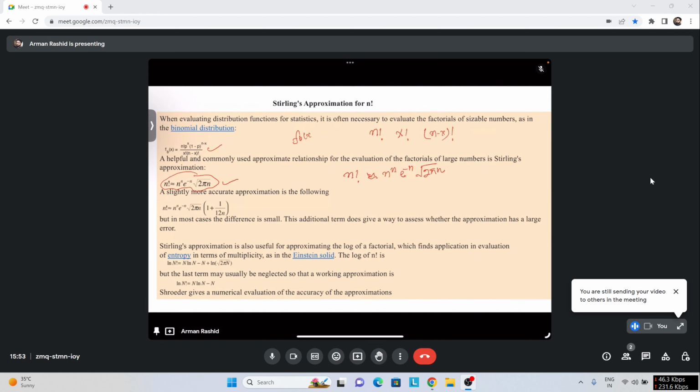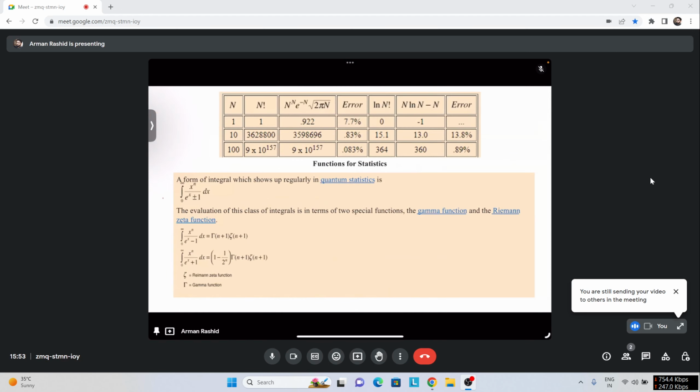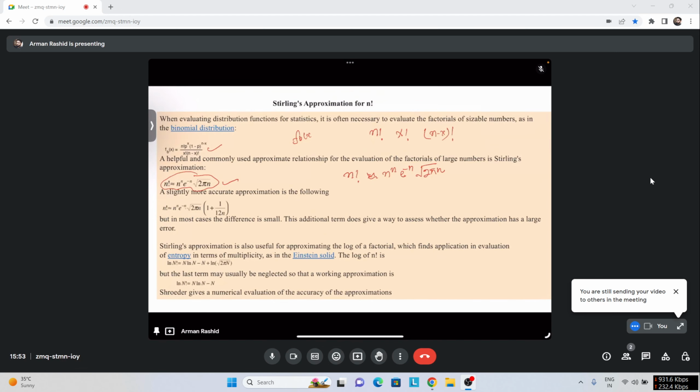Then there is also a slightly more accurate form of Stirling's approximation, that is n factorial is n raised to the power n, e raised to the power minus n, under root of 2 pi n, 1 plus 1 by 12 n. Okay, this is the correction factor that is introduced, but in most cases the difference is very small. The additional term gives a way to assess whether the approximation has a larger error.